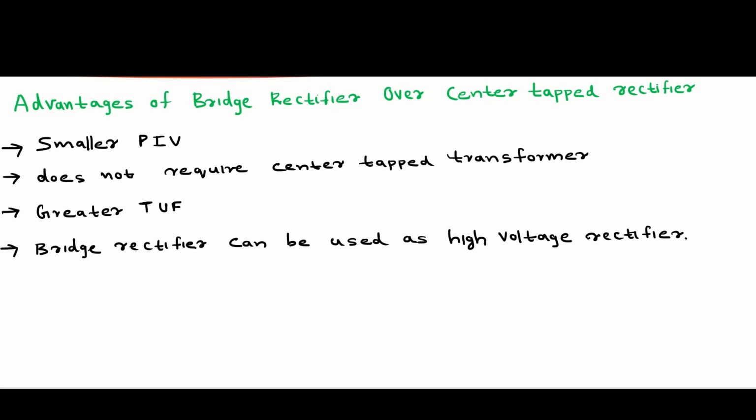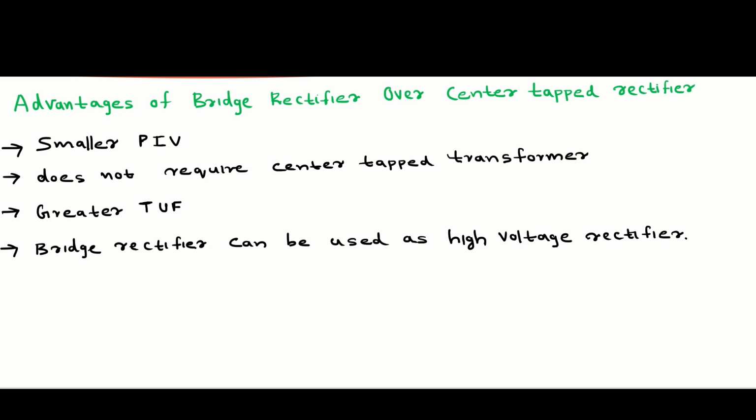And the next point is the bridge rectifier can be used as a high voltage rectifier. When the bridge rectifier is used as a high voltage rectifier, diodes should have higher breakdown voltage, for example, a diode with a breakdown voltage of 310 volt.